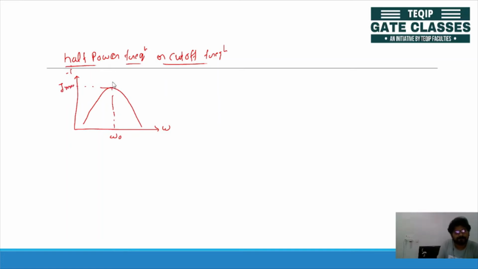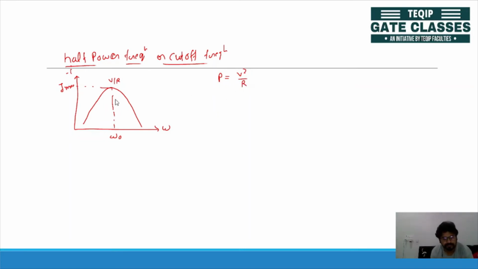Power is absorbed in the resistance only, because in the inductor and capacitor, the energy is stored and transferred. So power absorbed at the resonating frequency will be P is equal to I square R, or V square by R, where this is your I max.